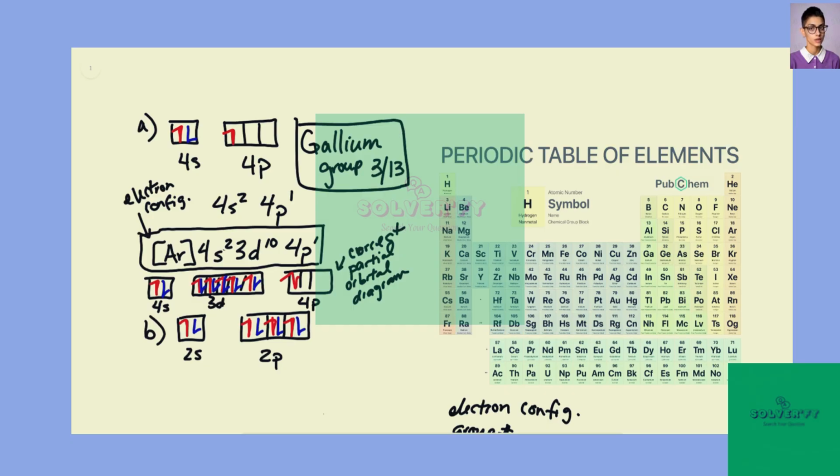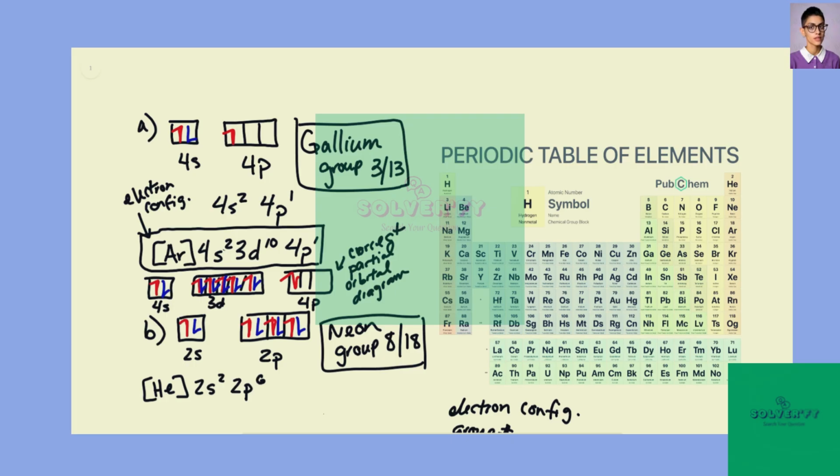So for neon, which is group 8 or 18, we would go to the most recent noble gas, which would be helium, and then fill in 2s2 and then 2p6.